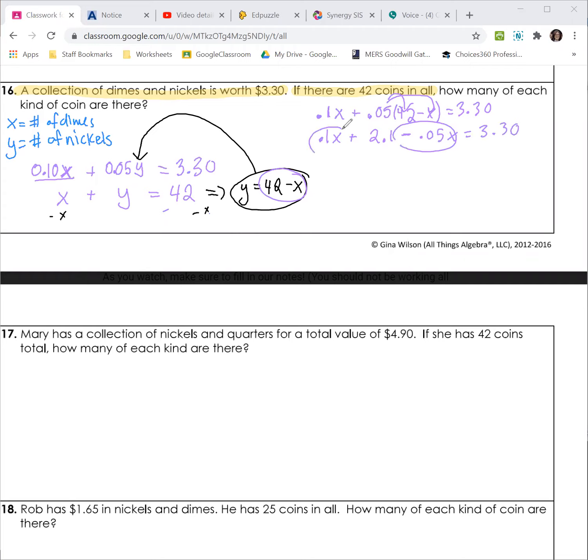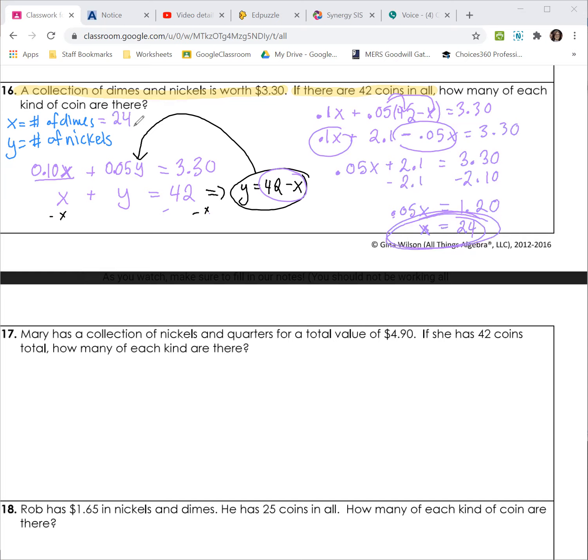I'll combine these like terms and I end up with 0.05x, a positive, plus 2.1 equals 3.30. Subtract this from both sides and I end up with 0.05x equals 1.20. So how many nickels are in $1.20? There's 24. So x, which is my number of dimes, is 24. I have 24 dimes.